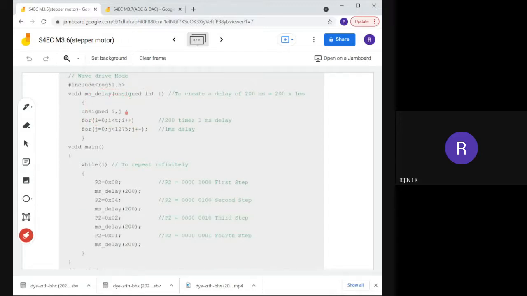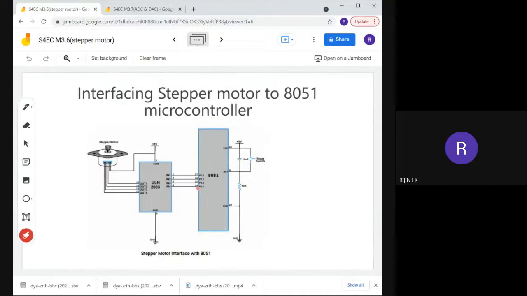Every C program requires a main program. So this is the main program for our interfacing. In this interfacing we have seen all the wires are connected to port 2 of our 8051 microcontroller.